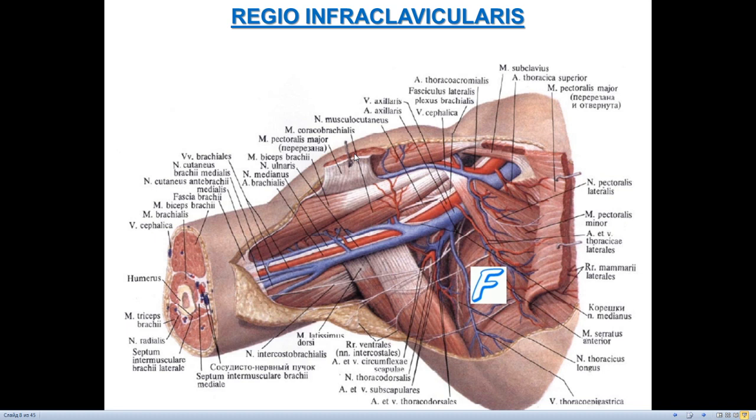Clavipectoral fascia in different regions has different development.